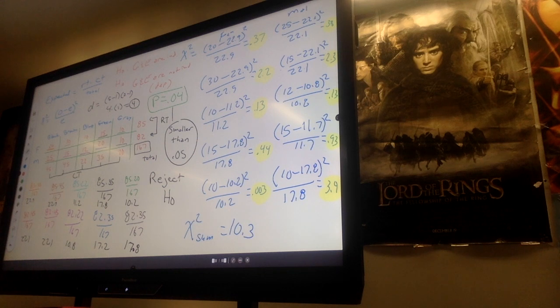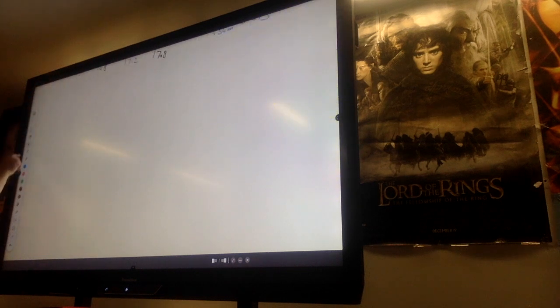What I highly encourage you all to do, did you guys all get a picture? I'm going to move it up. I can't remember what page it is.